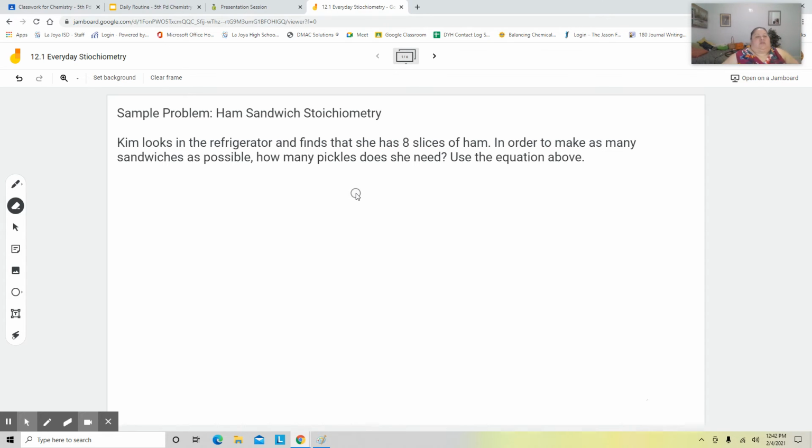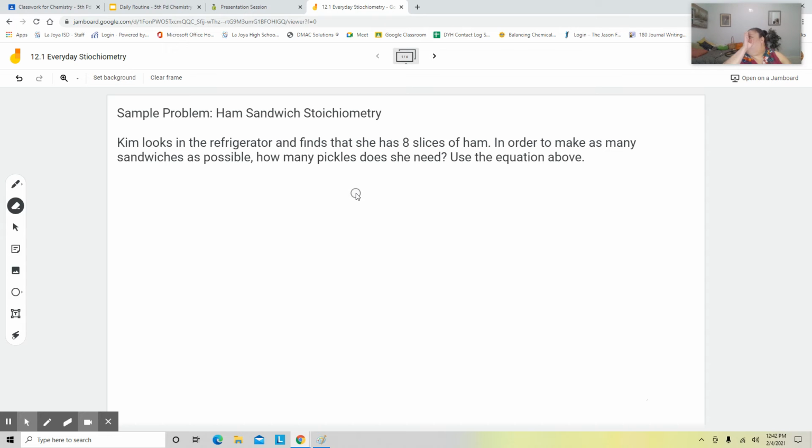Okay, so if Irvin's always hungry, Irvin is going to look in the refrigerator and find that he has 8 slices of ham. And then he notices, oh no, we need to use the ham. Why? Because it's going to expire next week or in 2 weeks. So he's like, hey, anybody want a sandwich?